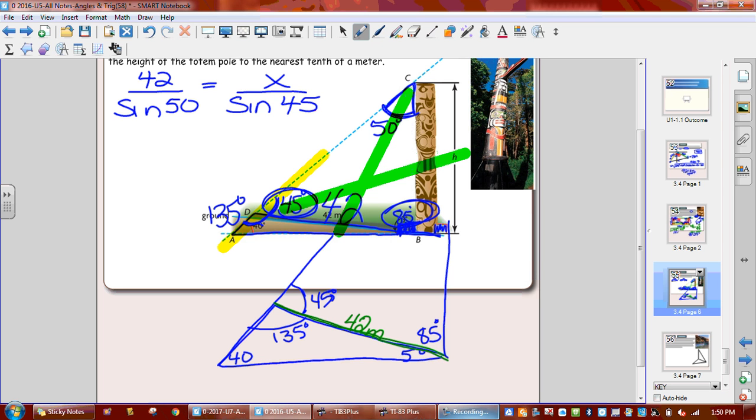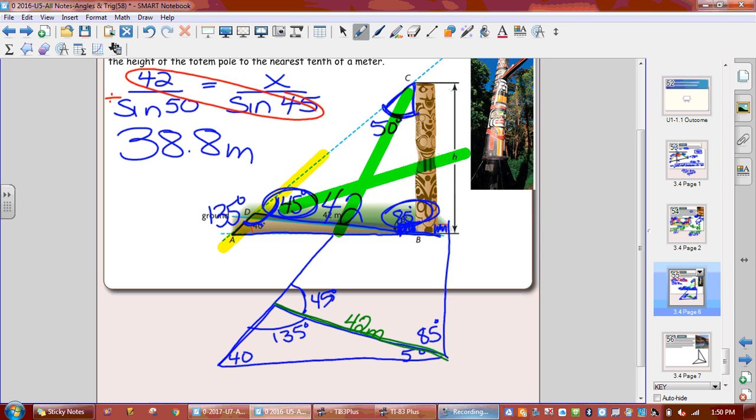Now we cross multiply this way and divide by sine 50. That will give us x, to the nearest tenth. 38.8 meters. So the real totem pole in real life is 38.8 meters long.